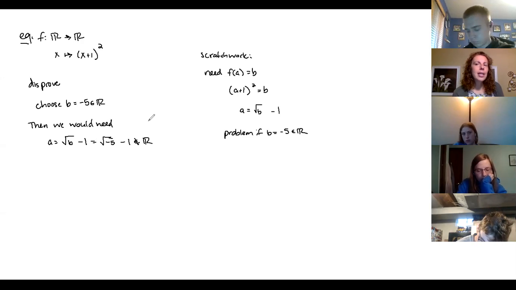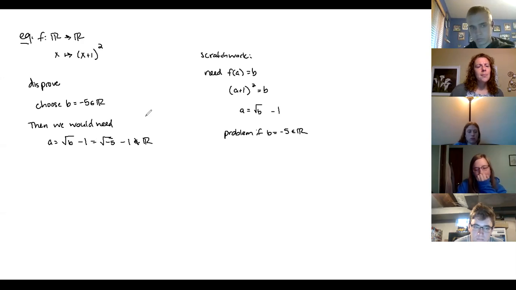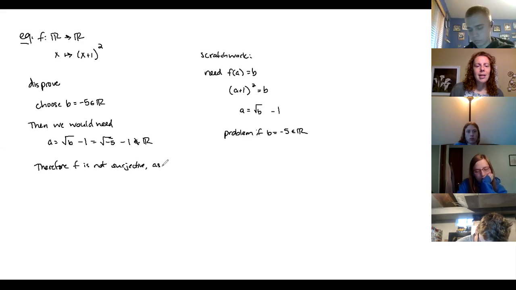You got to be a little careful with your does not live in. Make sure your does not live in is totally and completely obvious. But in this case, we know that the square root of negative numbers is not a real number. So in this case, our does not live in is pretty obvious. And we can say, therefore, F is not surjective as desired.